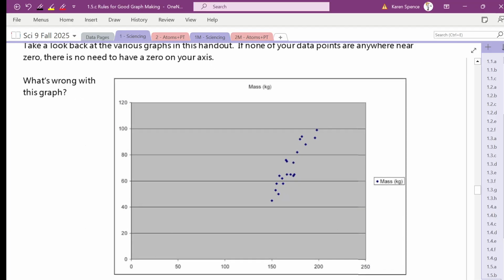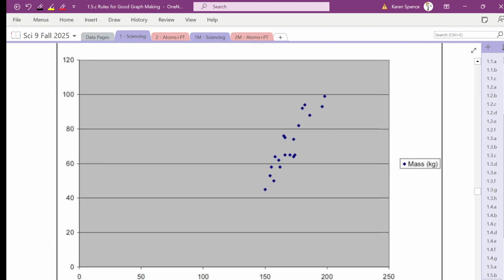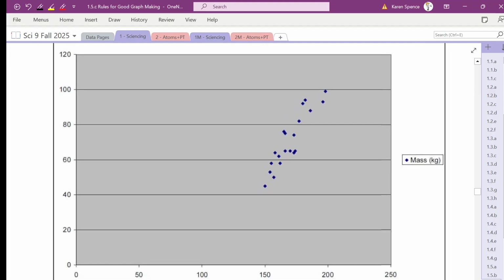But if you look at this graph, here's our page. All of our data is here. What is wrong with that? It's too tiny. You need to fill the space.